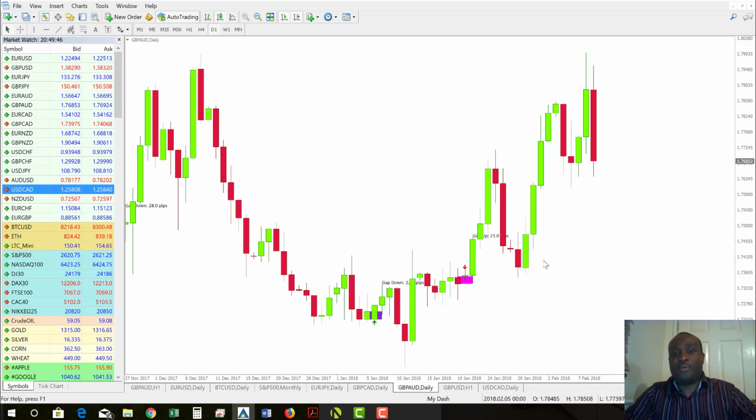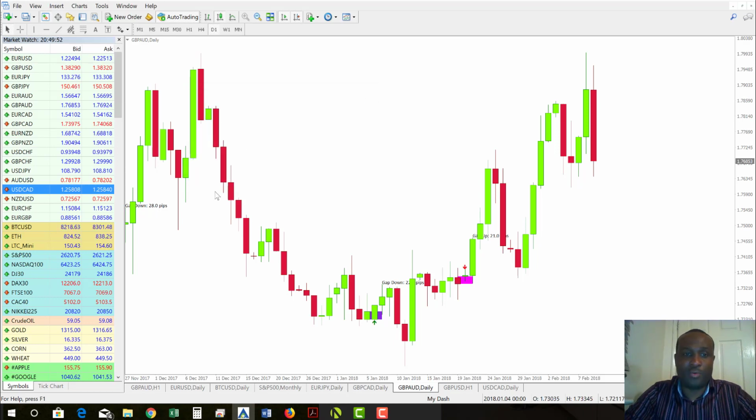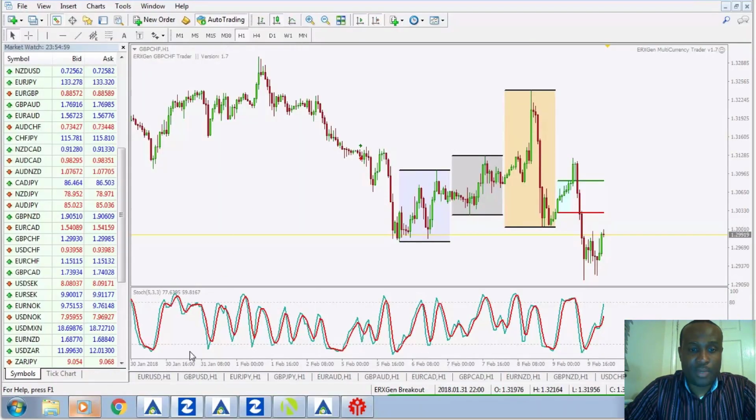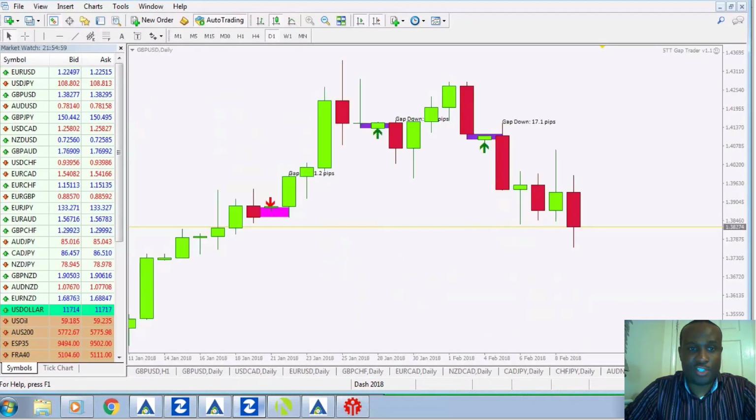But right now I have the gap indicator already installed on this. So once there are opportunities showing up on any of these currency pairs on gap, I'm in on it now. What I mean by that is I do have the gap indicator set up on USD JPY, GBP USD.